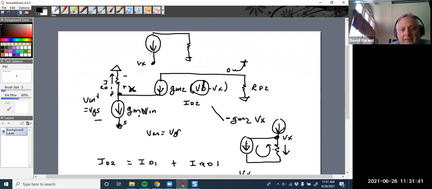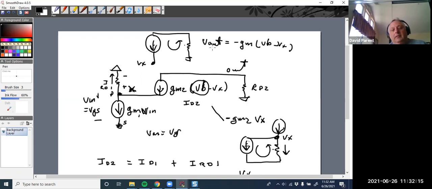Now, even though it's not making a loop, it's splitting up, the current here is the current there. Like we did, that's just a common source in this configuration.